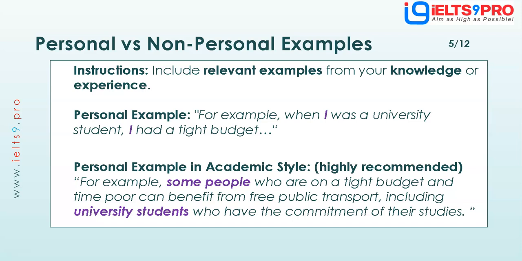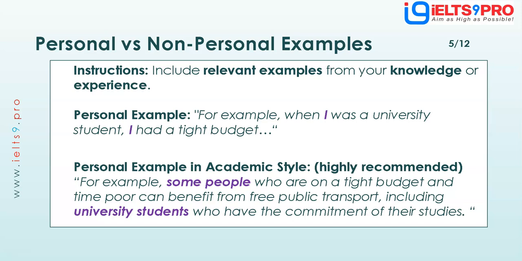Now, this is something that I'm asked all the time about: personal examples, right? People keep saying, "Oh, Kev, are you allowed to give personal examples?" Well, as I say, if you read the rubric, every essay says, write at least 250 words and include relevant examples from your knowledge or experience.